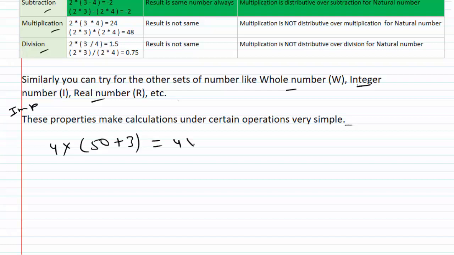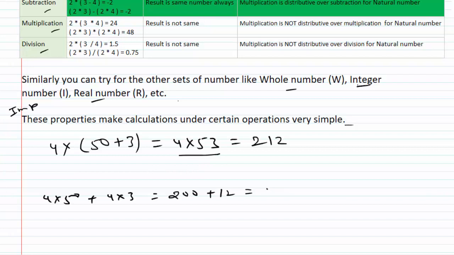Then you will do 4 into 53 and you will get 212. But solving this operation takes a little mind work. So what we will do, we will distribute 4 to 50 and 3 and then we will solve the expression. So 4 into 50 will be 200 plus 4 into 3 will be 12 and then we will get 212. So you can see solving this expression is easier than solving 4 into 53.